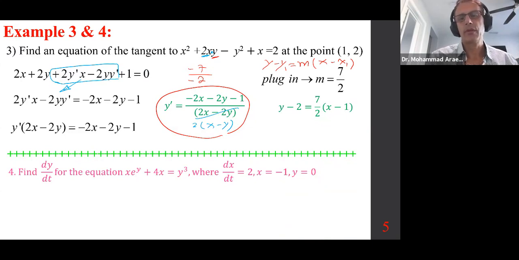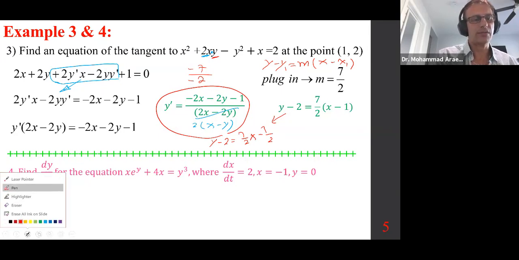Simplification, all you have to do, write down y minus 2 is 7/2 x minus 7/2.